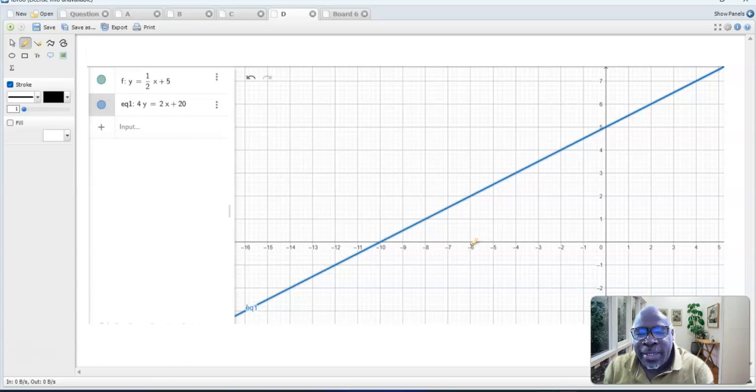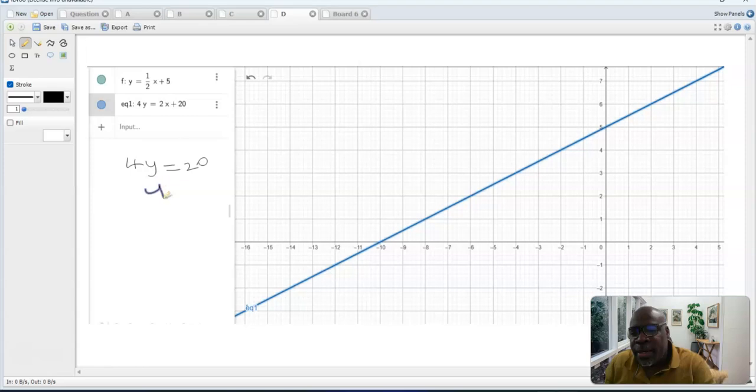Let's say when x is 0, y is 5. In the other equation, when x is 0, let's see what y is equal to. 4y is equal to 20. Why do I say that? Because when x is 0, 2 times 0 is 0, so there is no x here.